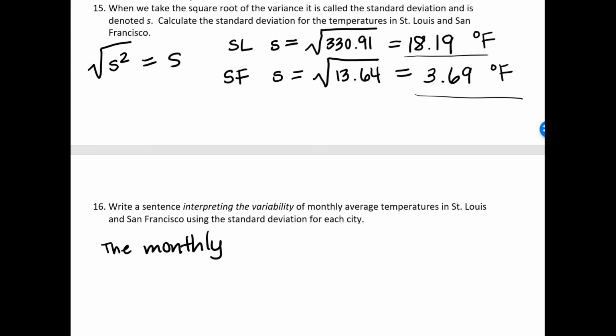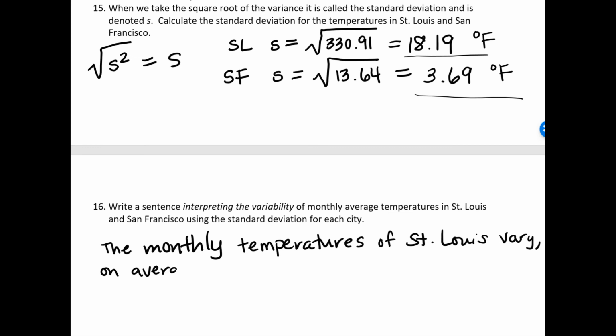and again, yours can be different than mine. This is just how you write it up. But this is how I would interpret it. So the monthly temperatures of St. Louis vary on average by about 18.19 or 18.2 if you want to round, about 18 degrees from the mean.